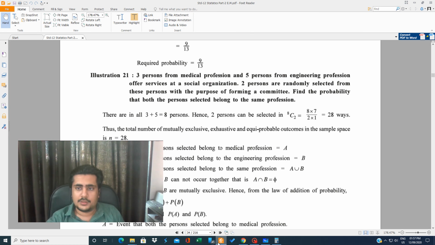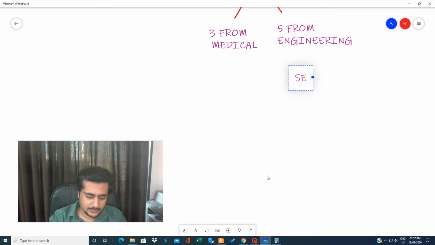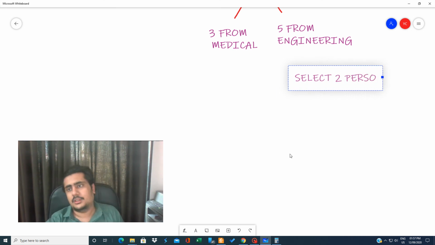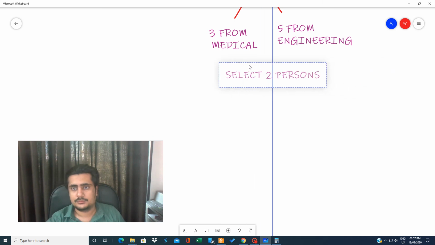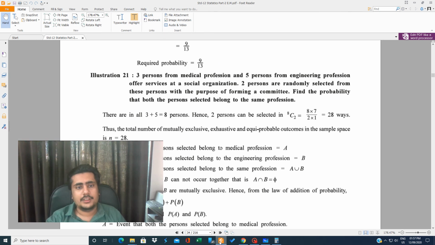Persons are randomly selected from these persons with the purpose of forming a committee. So you have to select two persons. Find the probability that both the persons selected belong to the same profession.